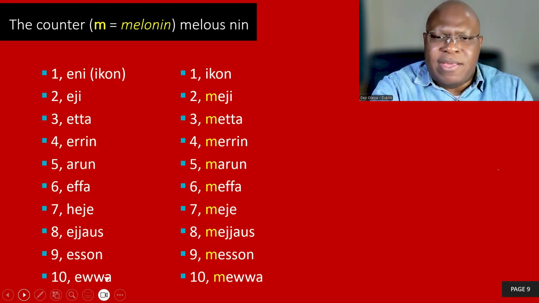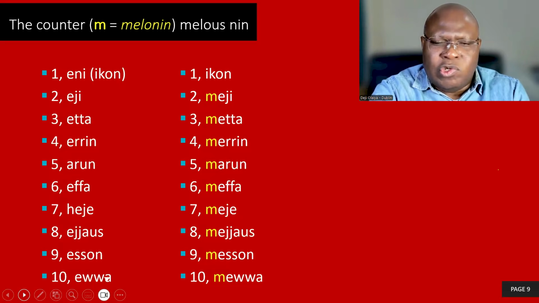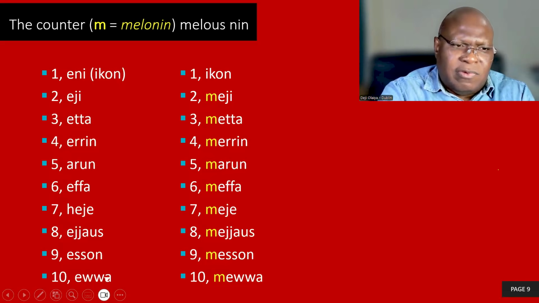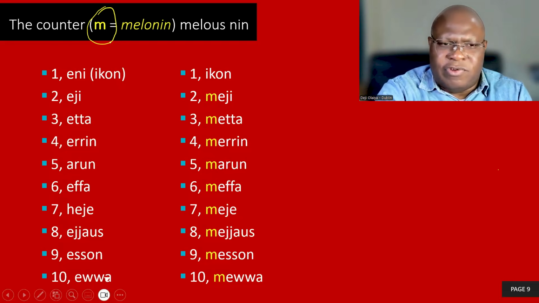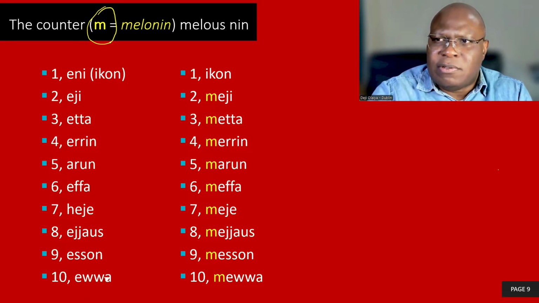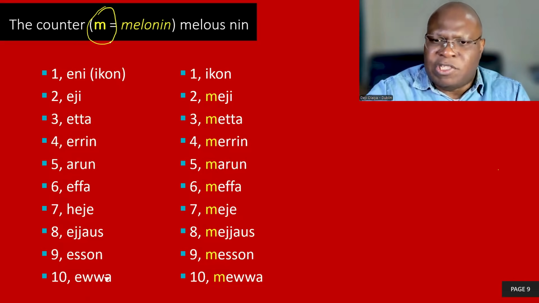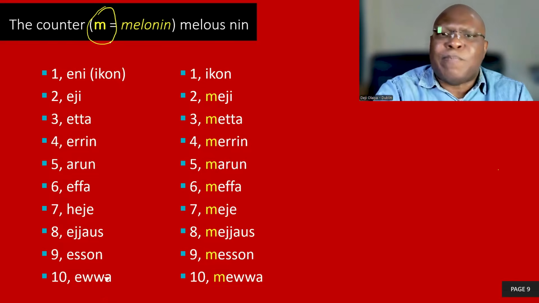You say it's méjì. So you use M, which I call the melanin figure. Melanin in the sense that when you say mélòó, you say it's mẹ́fà, it's méje, mẹ́jọ, mọ́kànlá, méjìlá, mẹ́tàlá. You use that M.